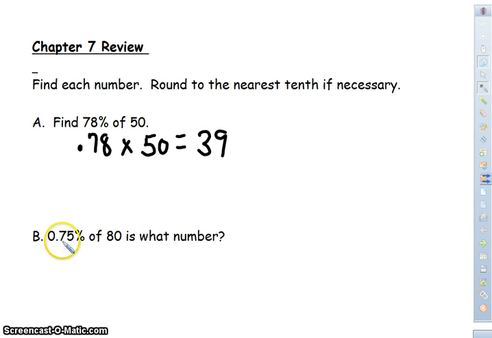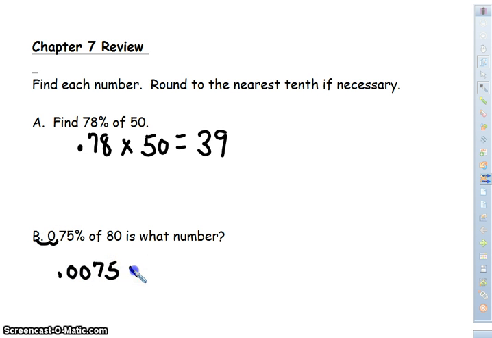For letter B, again, 75 hundredths of a percent of 80 is what number? Same thing, it's just written a little differently. You got to change this to a decimal, so move it 2 times to the left.